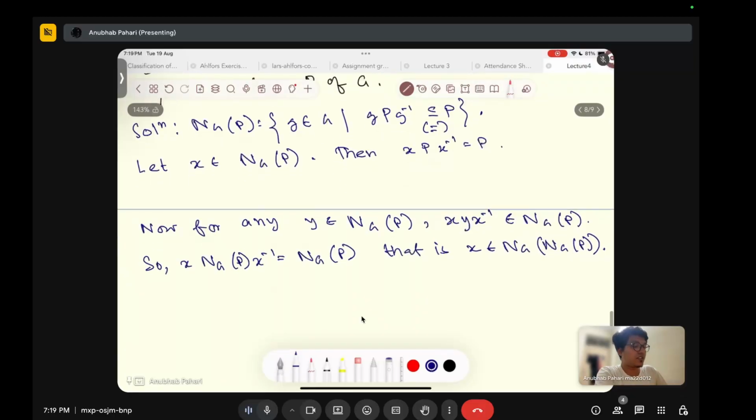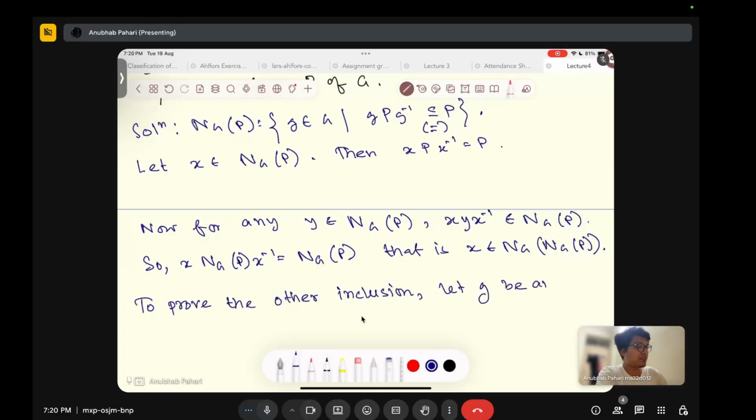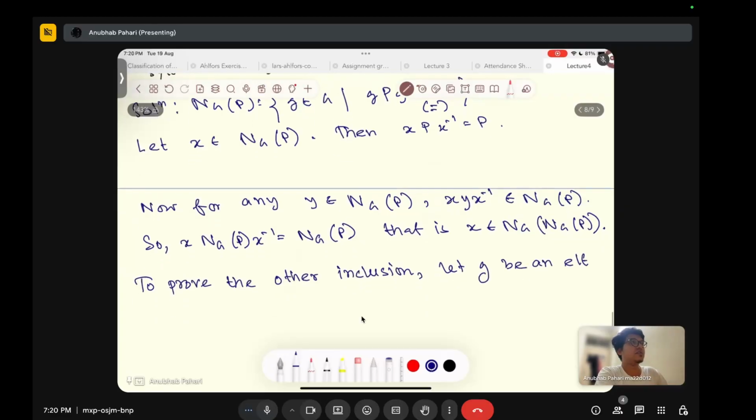So this was quite simple, but to prove the other inclusion, let small g be an element in N_G(P).